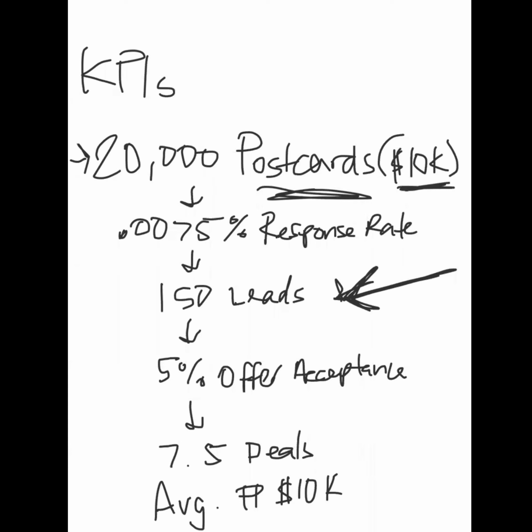Now, with 150 leads, you want to make an offer to every lead that comes in. Please do not make the mistake that most people do in thinking that every offer that you make should be accepted. That's not how this works. If you're looking to buy a business, what typically happens is that you're going to get 1 to 3 people to say yes out of 100 people.